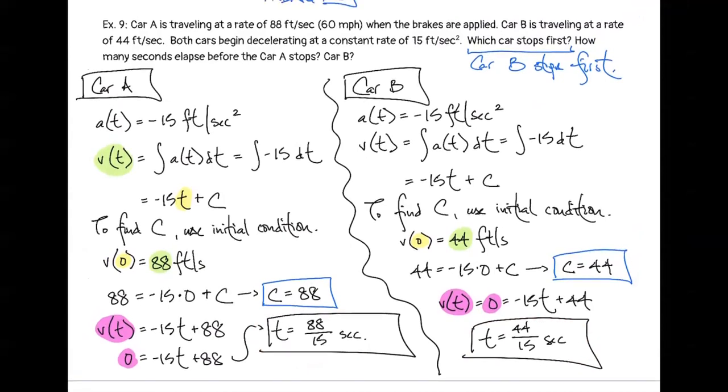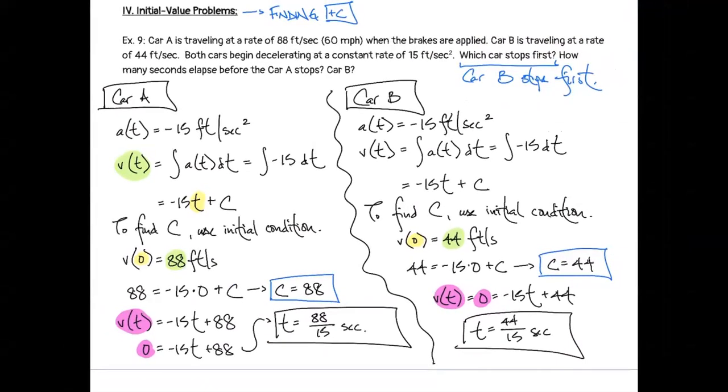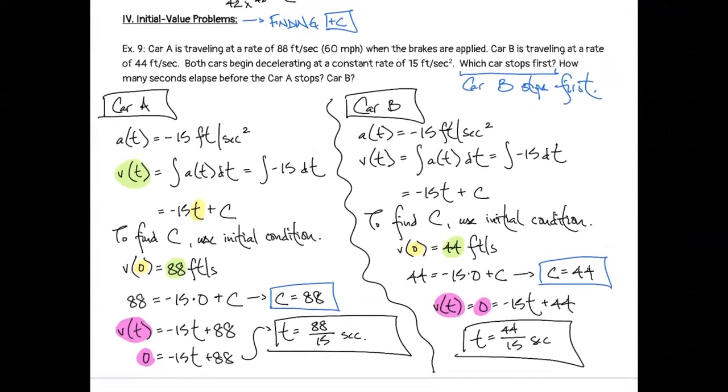So not only is this an initial value problem where we get to practice finding our C value and plugging it in, but it's also a chance for us to think about why we would be interested in going backwards from slope. Sometimes it tells us important information like this. We might not have distance information, but we might have velocity information.